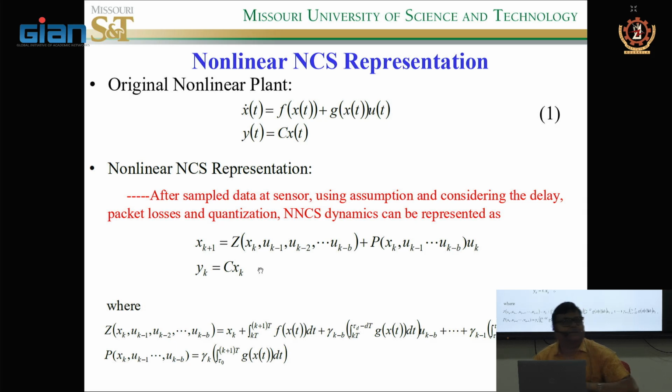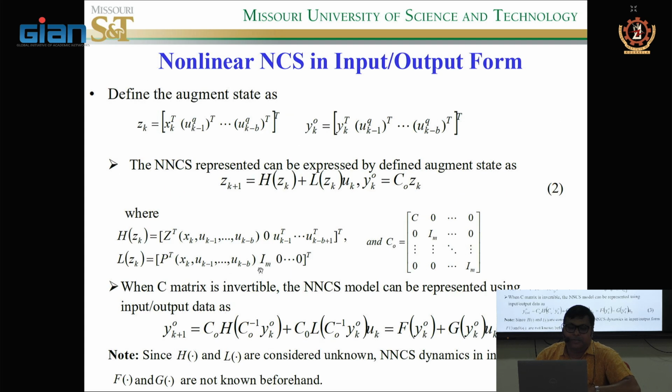Like the linear system, where we found A_zk and B_zk, similarly you have to find the nonlinear system representation using network imperfections like delay and packet losses.